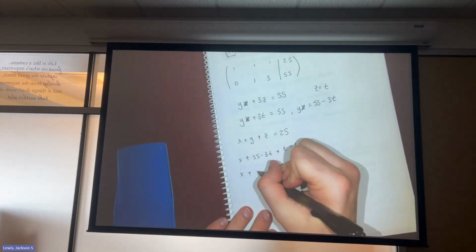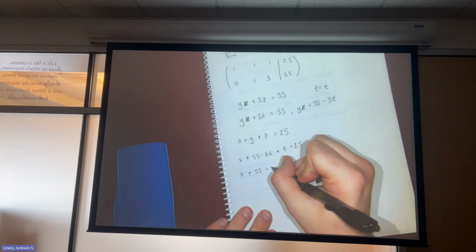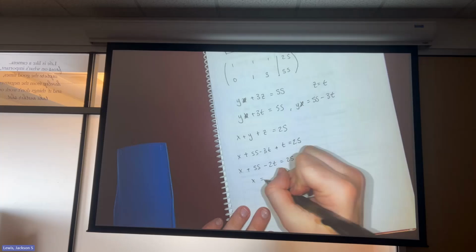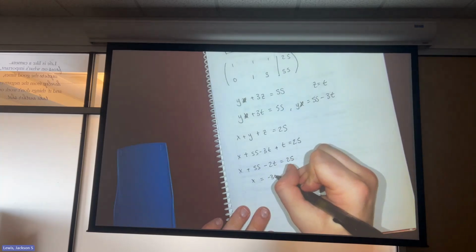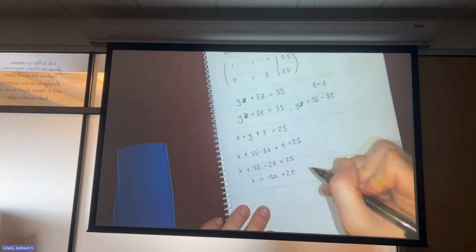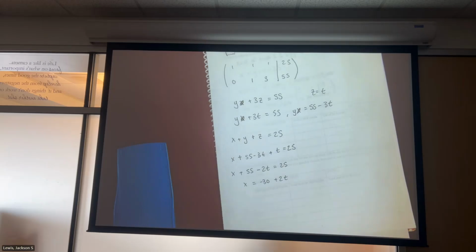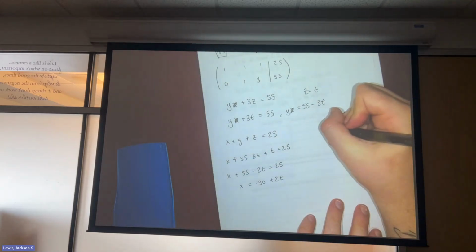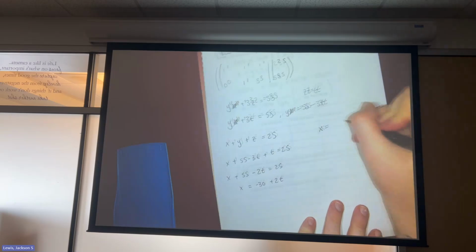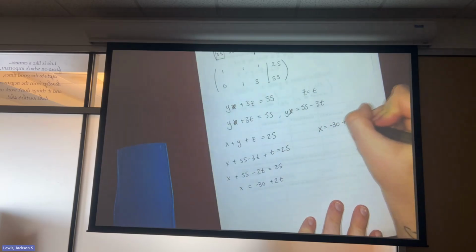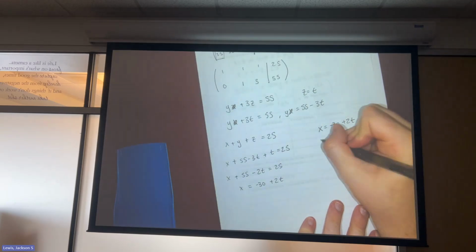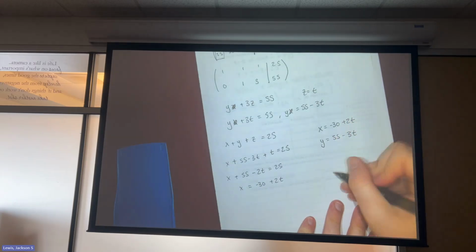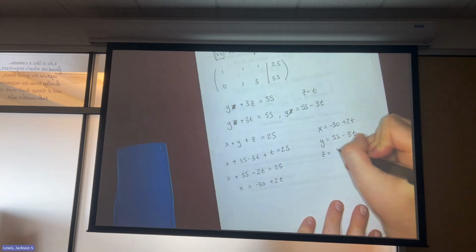So x plus 55 minus 2t equals 25, or x equals negative 30 plus 2t. So my solution possibilities are x equals negative 30 plus 2t, y equals 55 minus 3t, and z equals t.